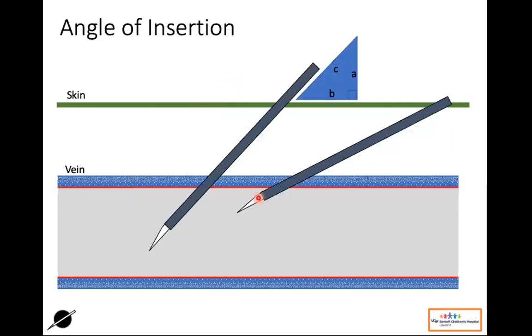So if we come in at a nice steep angle, we're in our vein here, that's great, right? But if we try and advance our catheter off the needle at this angle, and we hit that back wall, there's that buckle right there. That's a hard angle for that catheter to maneuver. And we'll feel that sometimes when we're advancing and we'll get that little bit of resistance, and we'll even get that buckle sensation. You feel like, oh, something's off.